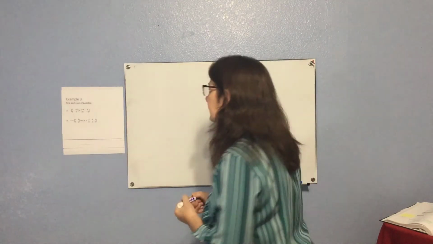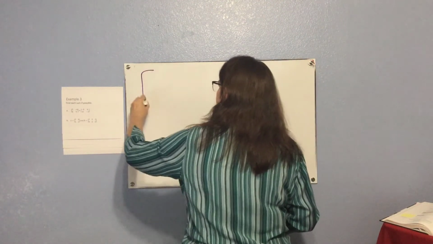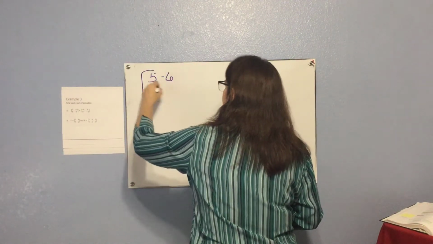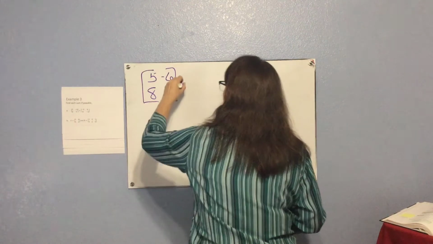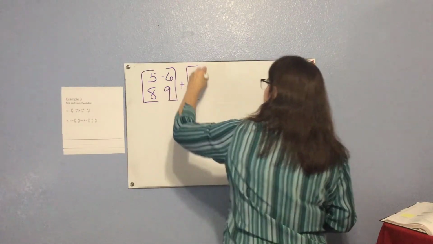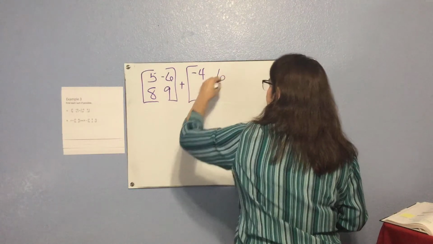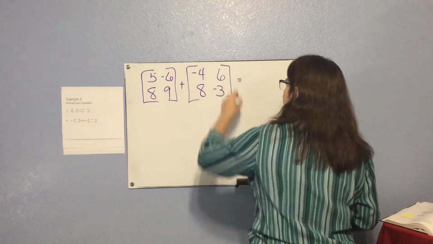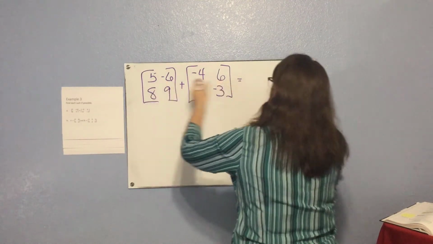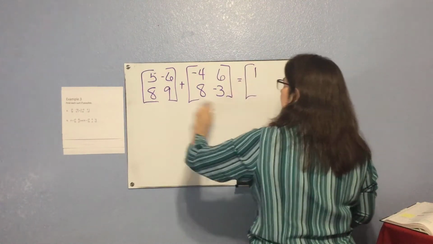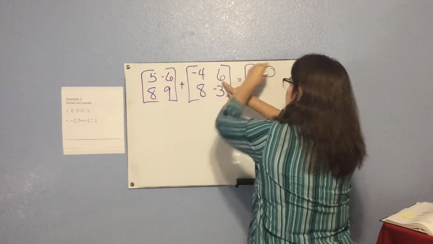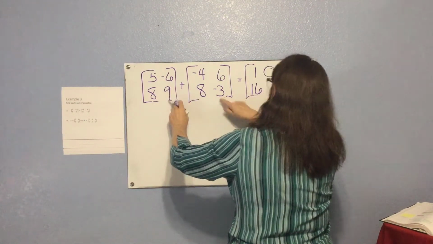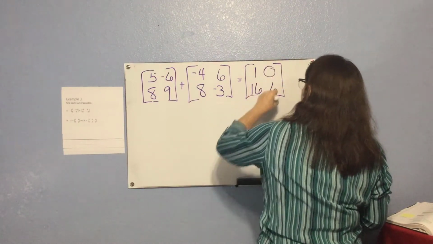For instance, if I had 5, -6, 8, 9 plus -4, 6, 8, -3, I could add those by adding 5 and -4, so that would be 1. -6 and +6 would give me 0. 8 and 8 is 16, and 9 and -3 would be 6.